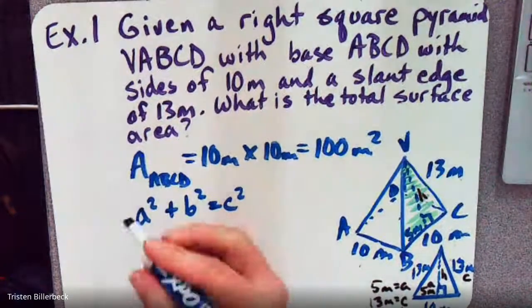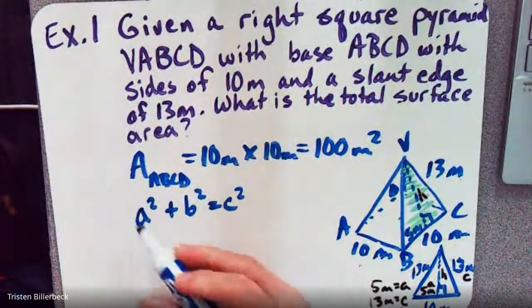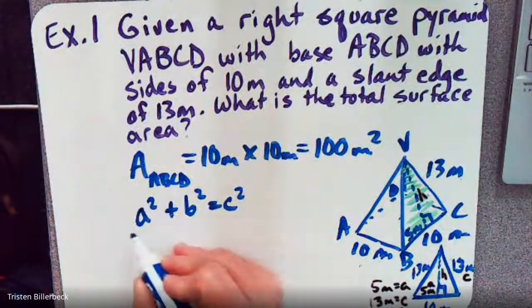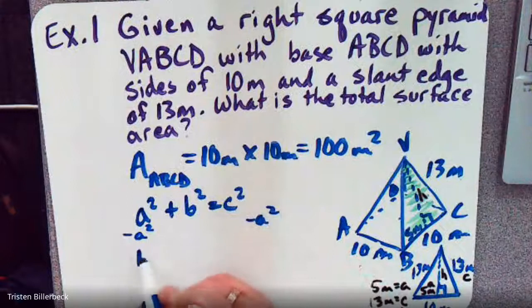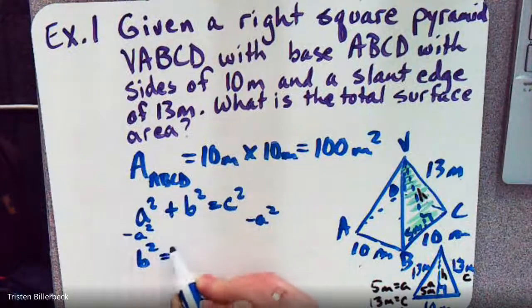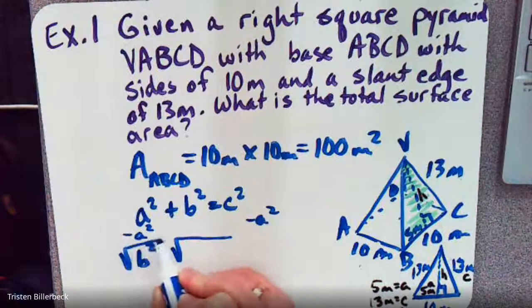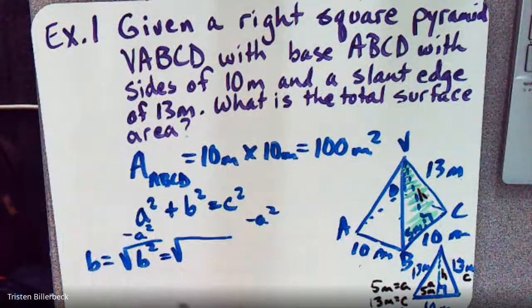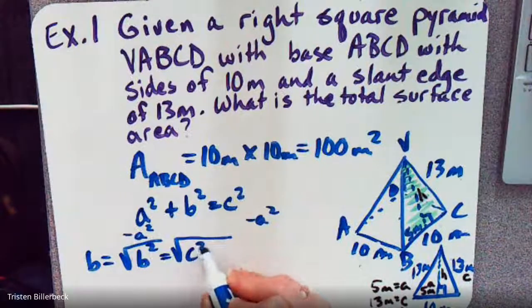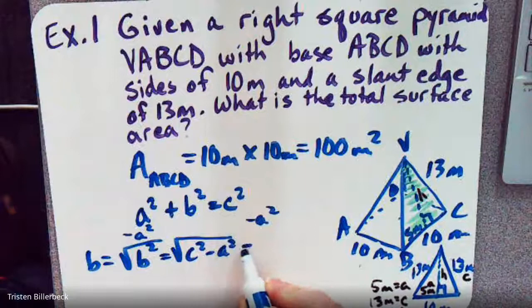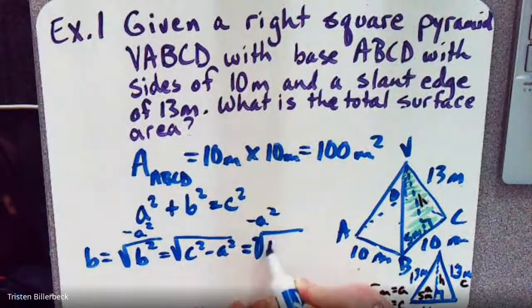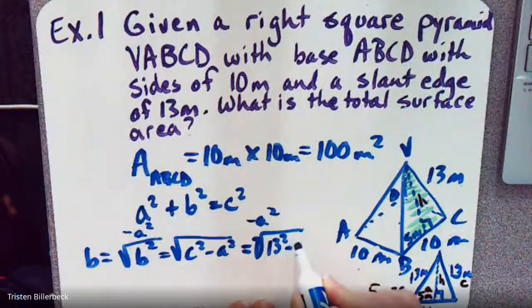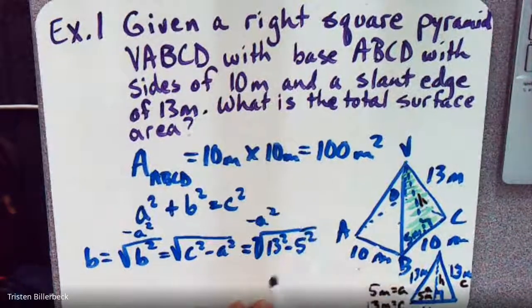All right, so I'm going to rearrange this and move the A to the other side by subtracting A squared. So I have B squared equals C squared minus A squared, and I'm going to square root that to get B. Okay, so C squared is 13 squared minus 5 squared.